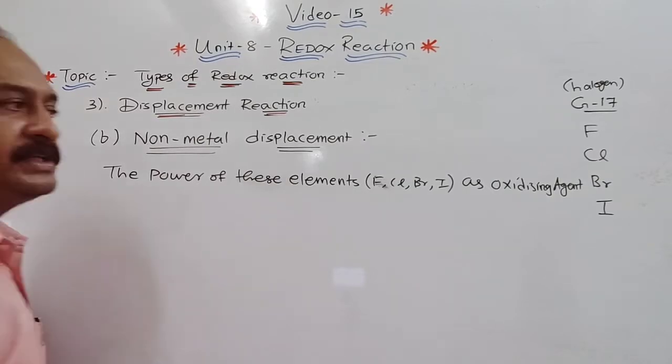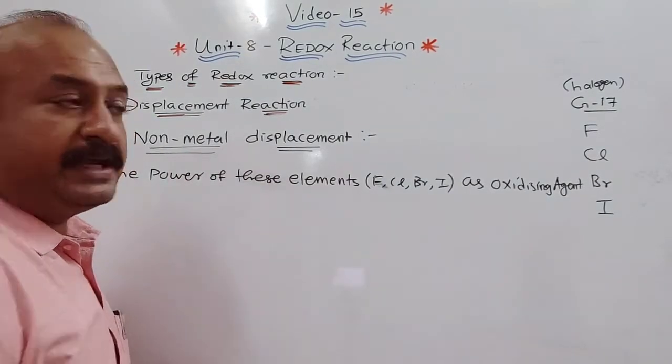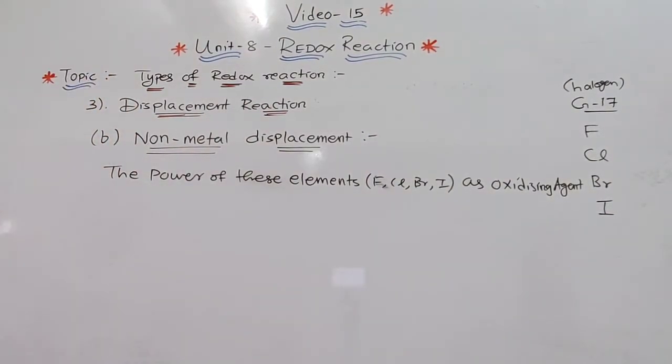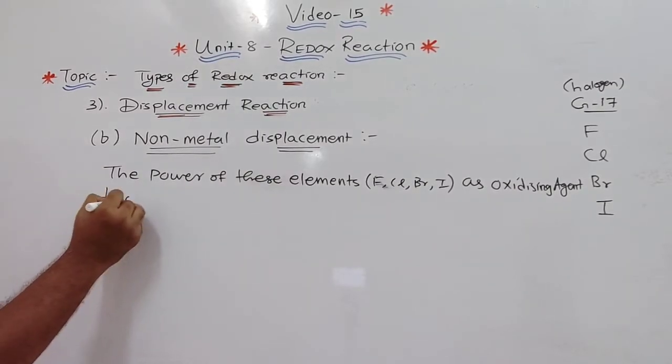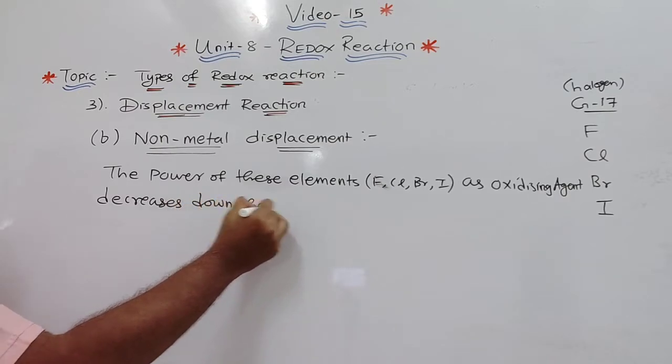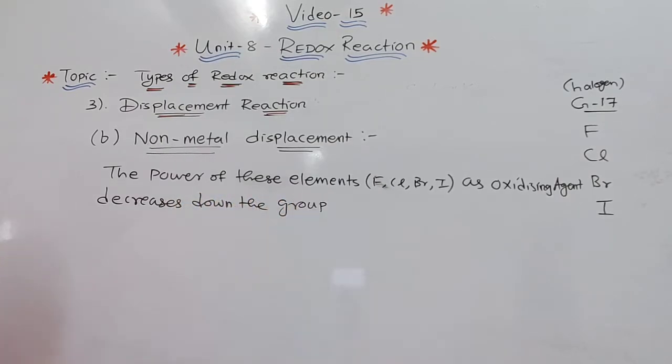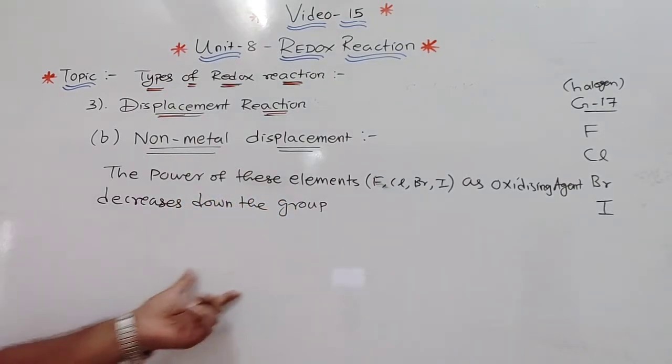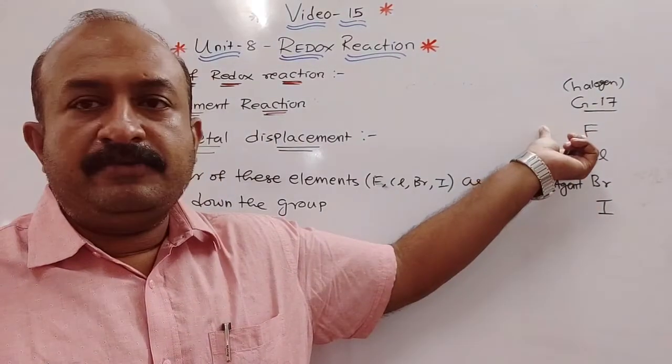Now what is the meaning of oxidizing agent? It is that which itself gets reduced. So the power of the element as an oxidizing agent decreases down the group. Understood? So who is the strongest oxidizing agent? Fluorine.